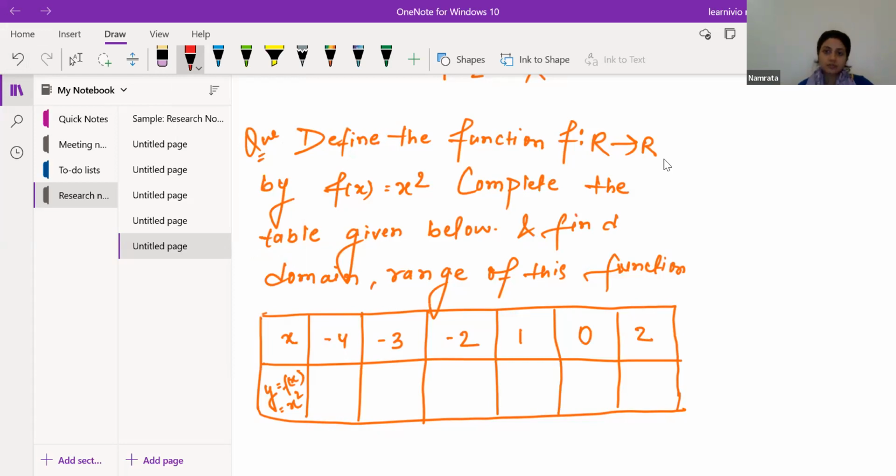Am I audible to you, Izan? Yes, ma'am. What is the y value when x is -4? See, this is y. F of x means y. Y is equal to x square, so you have to do the square.